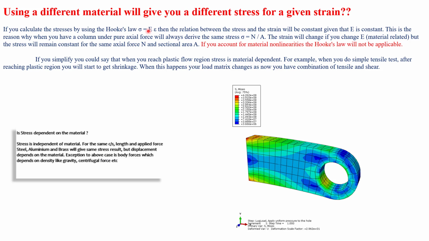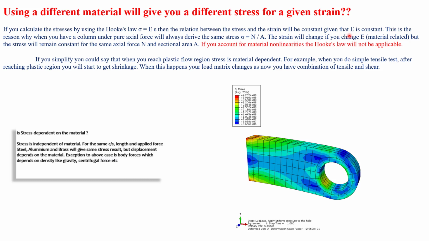Then the relation between the stress and strain will be constant for a given strain. Let's say if the strain remains constant, the stress remains the same. In short, this is what he wants to tell in this statement.